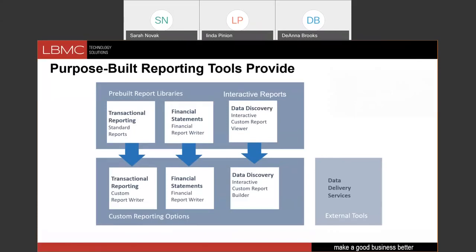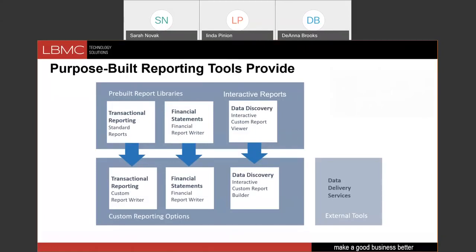So we're introducing a purpose-built reporting tool, ICRW, Interactive Custom Report Writer, and it's one that allows you to really do more across the data than what you currently can do with the other two report writers. The other two report writers are purpose-built as well.